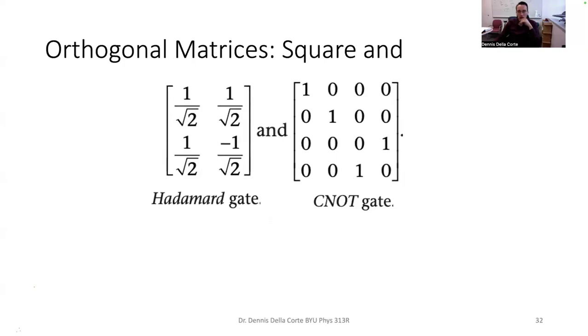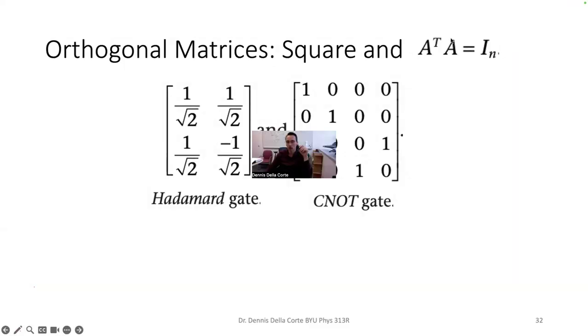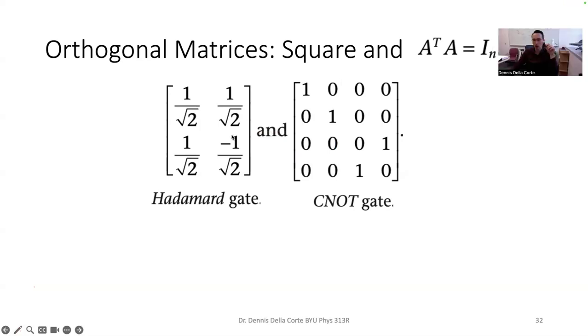So yeah, there are a couple of matrices that are pretty important. This one here is the so-called Hadamard gate. This one is the CNOT gate. We're going to talk more about what gates are later, but I'm just showing them to you now because they're kind of important. They're cool because they are orthogonal matrices, which means that if you multiply them by their transpose, you're going to get the identity matrix, and that will be quite useful later on.